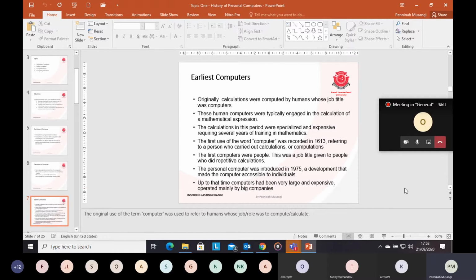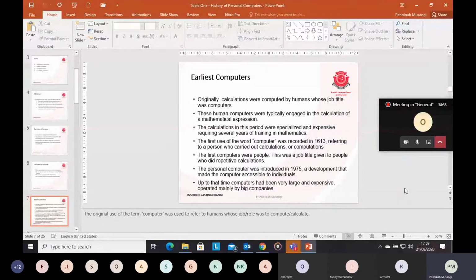There were no computers for individuals. So somebody like yourself or myself could not afford or even access a computer. But from the year 1975, it became possible for individuals to buy and to access computers.